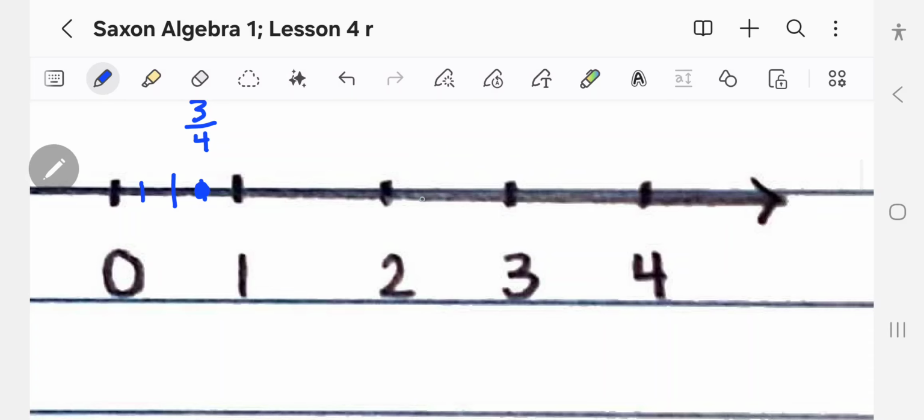I could divide it into 10 pieces if I wanted to, but that's getting kind of tiny. I'm going to estimate this one a little bit. 2.5 would be in the middle, right? So 2.6 should be just a little bit past that. So I'm going to leave my estimate there for a second and say that 2.6 would be about right there. And then I don't need my estimate anymore.